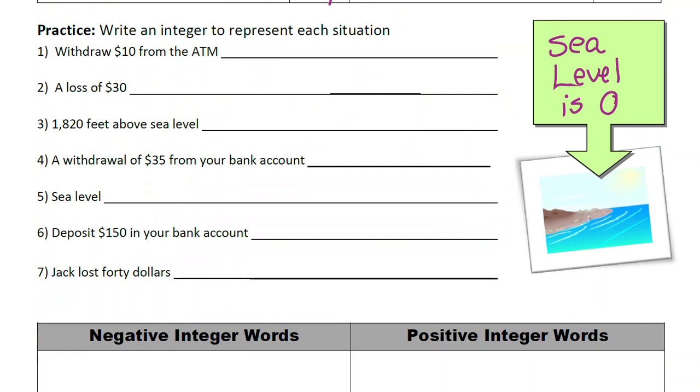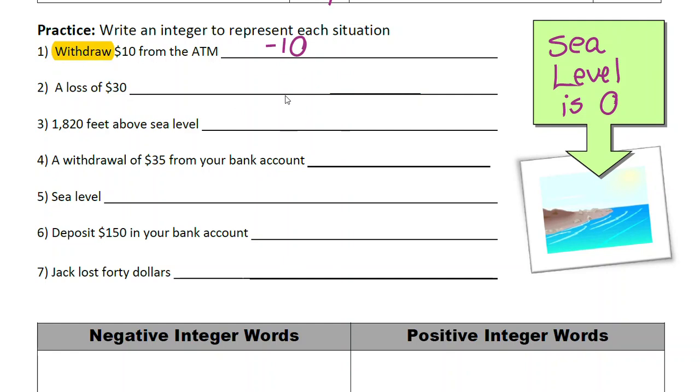All right. So let's look at some more examples down below. It says write an integer to represent each situation. So we're going to do the same thing as we did before. The first one, it says a withdrawal of $10 from the ATM. Well, the word is withdrawal. When I take money out of my bank account, that is a withdrawal from my bank account. So I'm having to pay somebody. So that actually gives me a negative number.